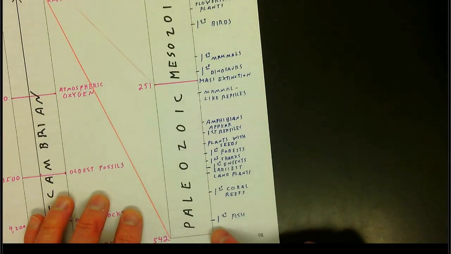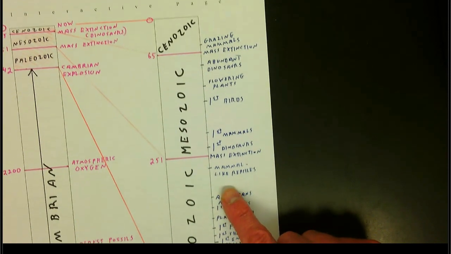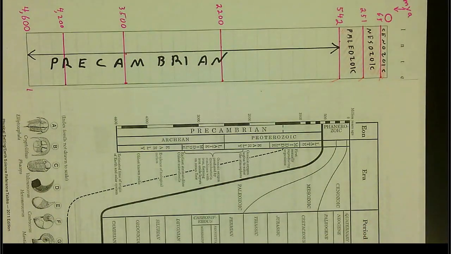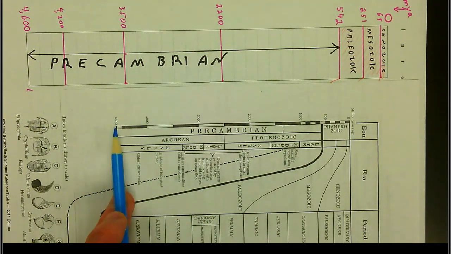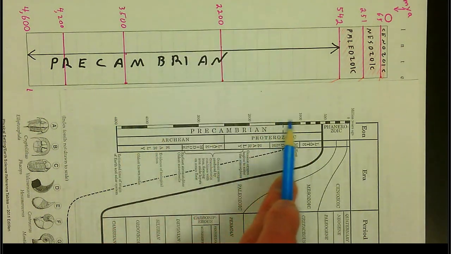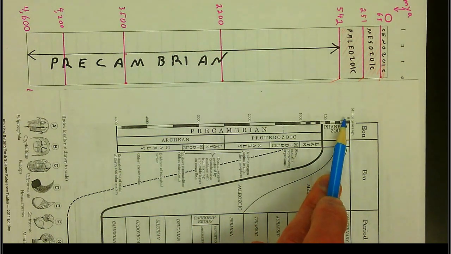Instead of writing all of this down, let's go to a place that has that information, and that's page 8 of the reference tables. On page 8 of the reference tables, you can see how we have 4,600 million years ago, the start of the Earth, moving to the right to 0 million years ago, right now.